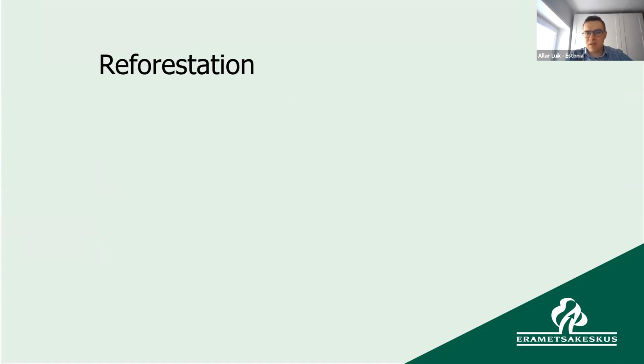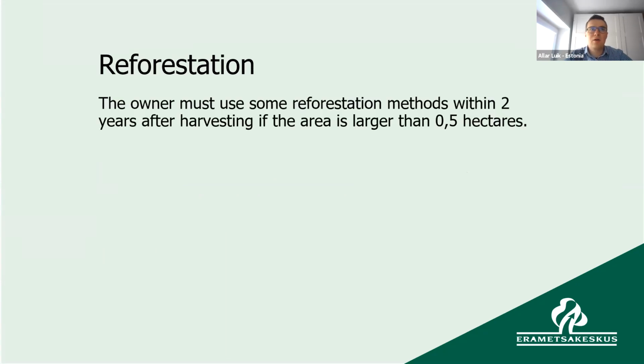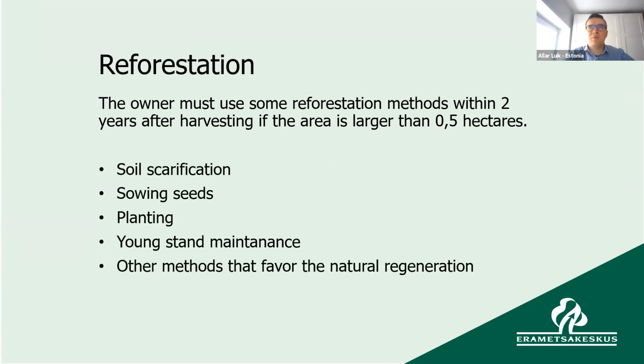But most of our planting is done by reforestation. The Estonian legislation says that the owner must use some reforestation methods within 2 years after harvesting, if the area is larger than 0.5 hectares. These methods can be one of those in the list or a combination of these methods.